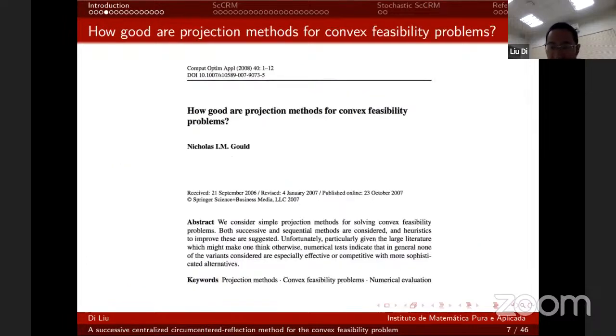There is a very interesting paper from 2008, on how good the projection method is for the feasibility problem, from Nicholas. Actually, in this paper, the authors had some doubt about whether the projections are efficient. But anyway, it's a very interesting paper.